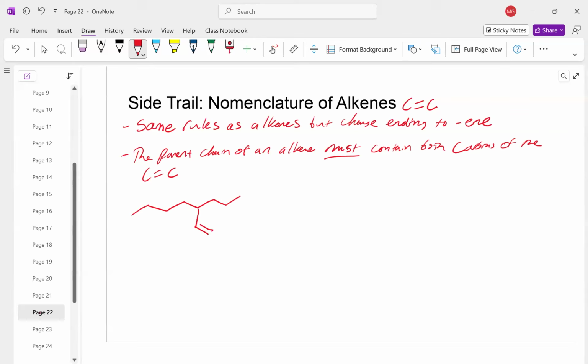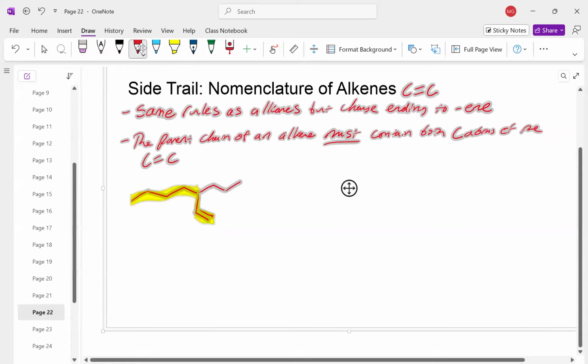There's a chain of 8 carbons. However, you'll notice that chain does not contain the double bond in it. So that cannot be the parent chain. So my parent chain is going to be this, even though it is a shorter chain, because both carbons of the double bond have to be involved in the parent chain.